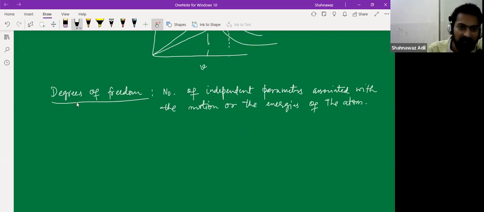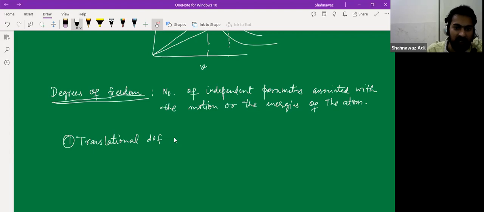There are mainly three kinds of degrees of freedom. One is the translational, denoted by DOF. The other one is the rotational, as the name suggests. And the third one is the vibrational.